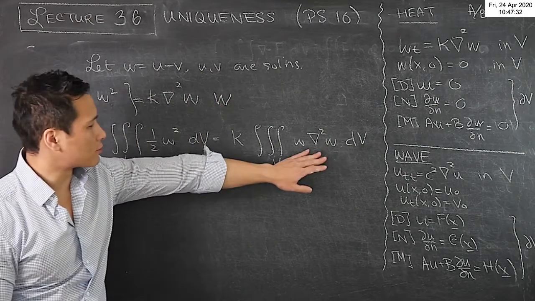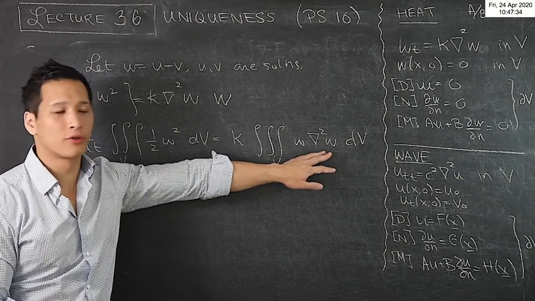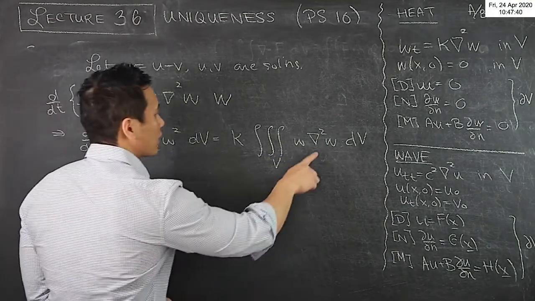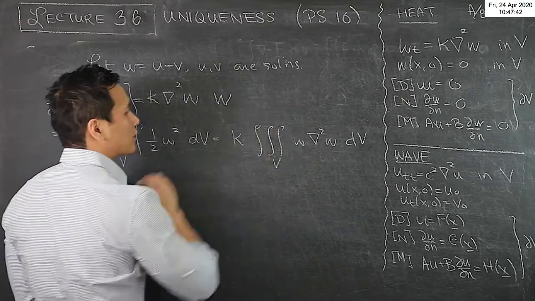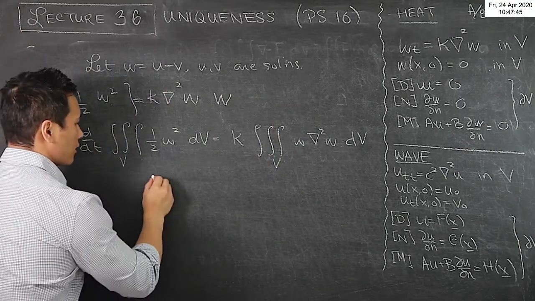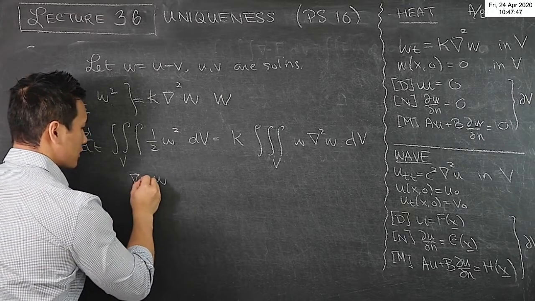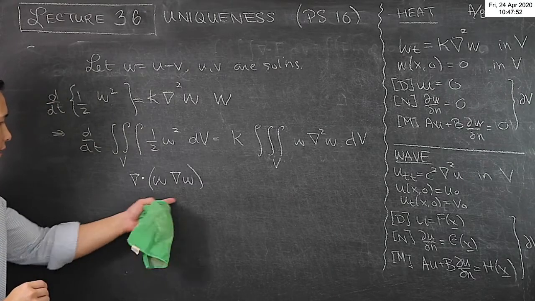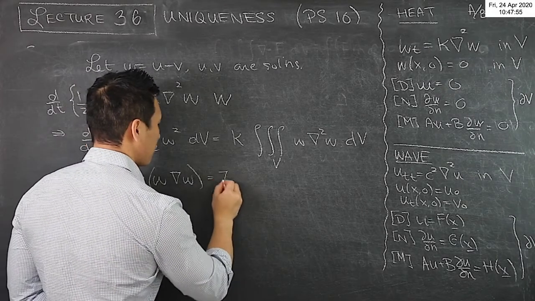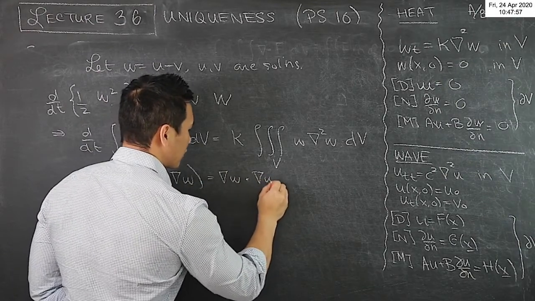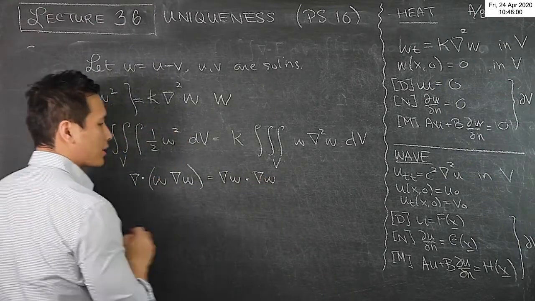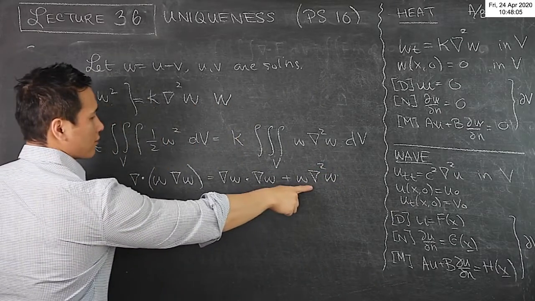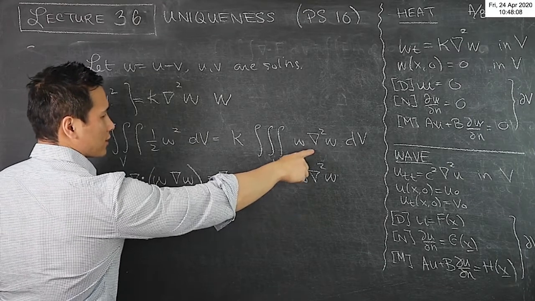Then you take this right-hand side and apply the product rule to convert it into a slightly different form. You apply the formula that we wrote down for the product rule and erased, in this case applied to this element here. If I apply the product rule to this, I have grad W dot grad W plus W times the Laplacian of W. Now I can notice that this W Laplacian W is there on the right-hand side.